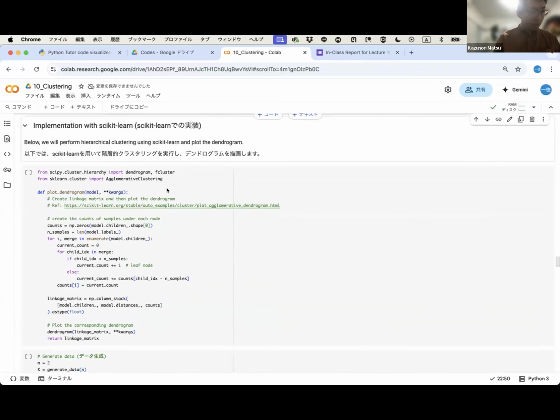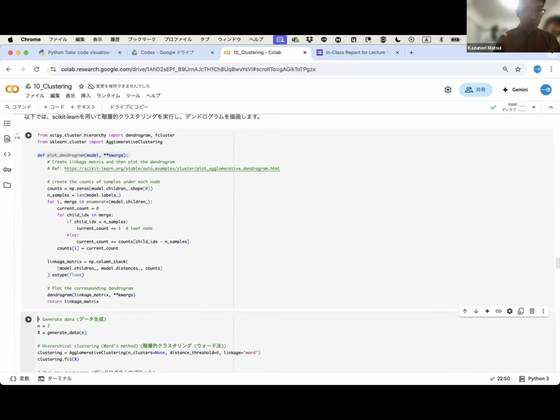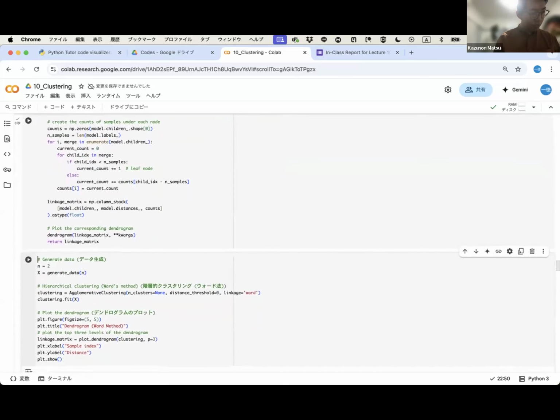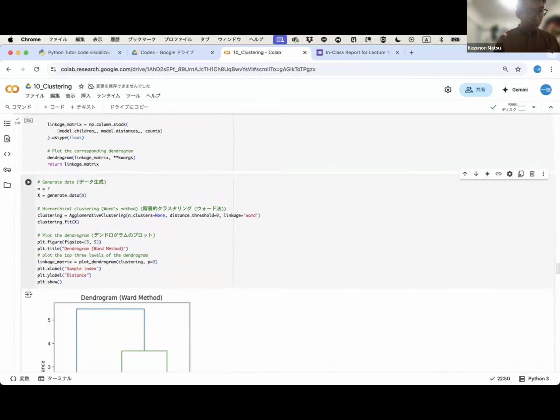We can also implement this with scikit-learn. We need to define a function called plot dendrogram, but we can draw the dendrogram. This is just how it can be done normally.